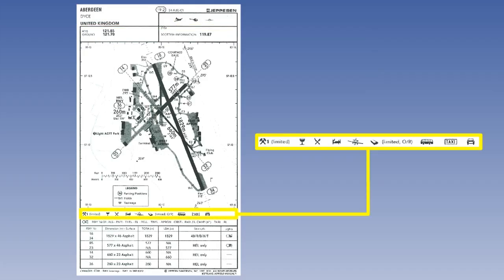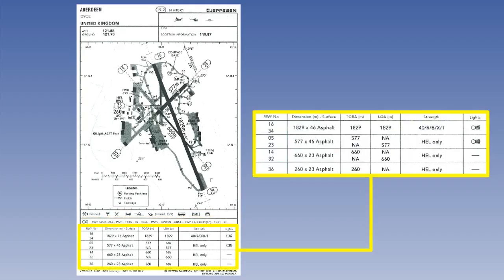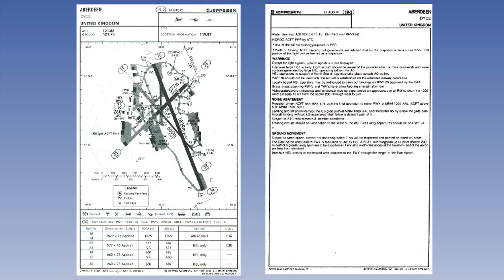Below the main body of the chart are shown the facilities available at the airfield, the type of lighting systems, and details of each of the runways. The procedures to be adopted for entry, ground movement, and departure are explained in text form in 19.3.